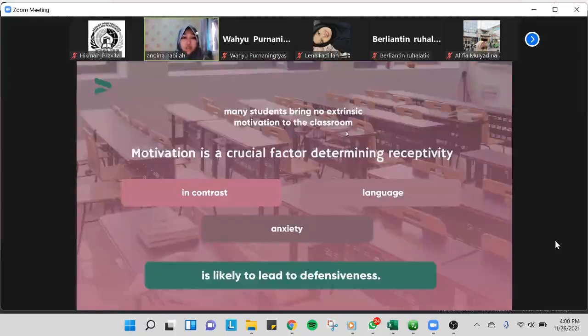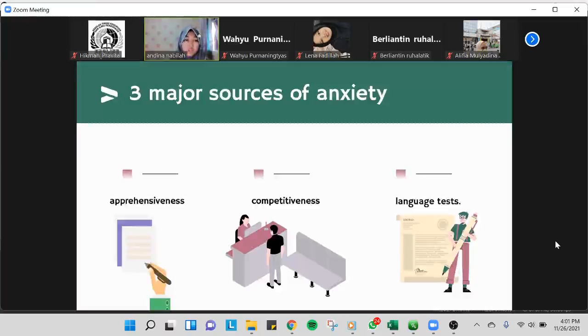Many students bring no extrinsic motivation to the classroom. Motivation is a crucial factor determining receptivity. Anxiety in the classroom is likely to lead to defensiveness. So here I have three major sources of anxiety.